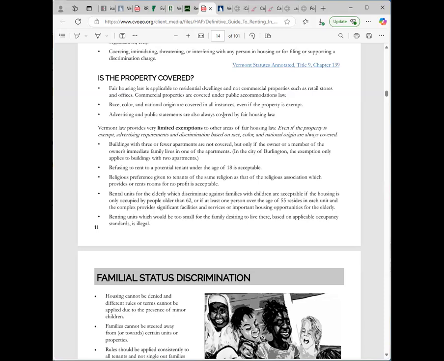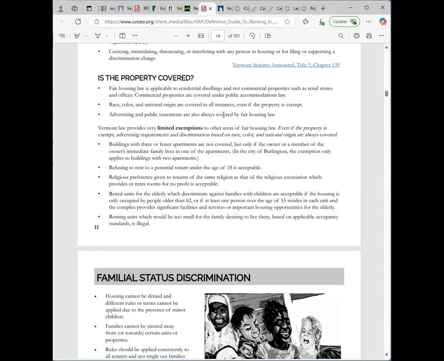So it's elderly oriented, right? So we've seen that in British Columbia as well, that you can't discriminate about children, but you also need to make sure that if you have an elderly oriented building, that is stated as well.